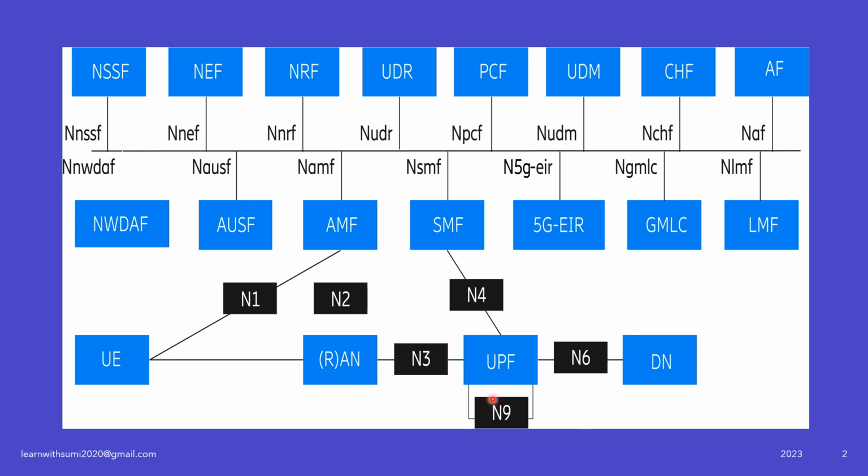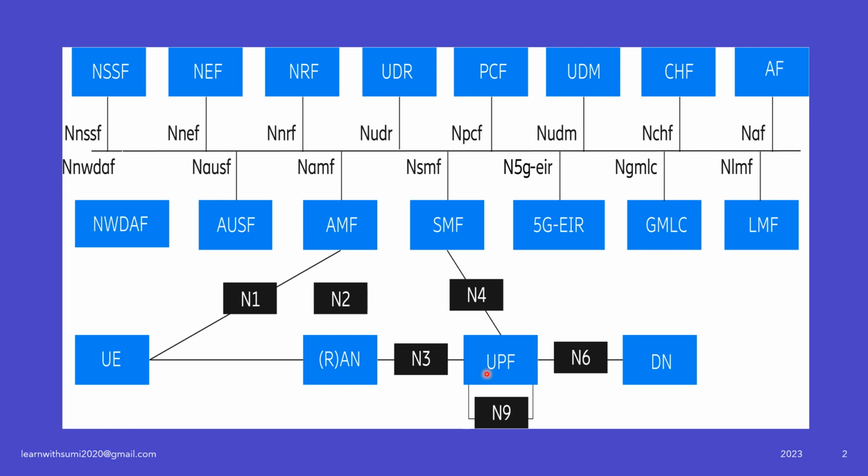So the UPF provides the following functionality. Subscriber tunnel encapsulation enabled by the GPRS tunneling protocol user plane, GTP-U. Packet routing and forwarding, quality of service and buffering, policy enforcement, statistics gathering and reporting, lawful intercept request processing, and optional advanced services.